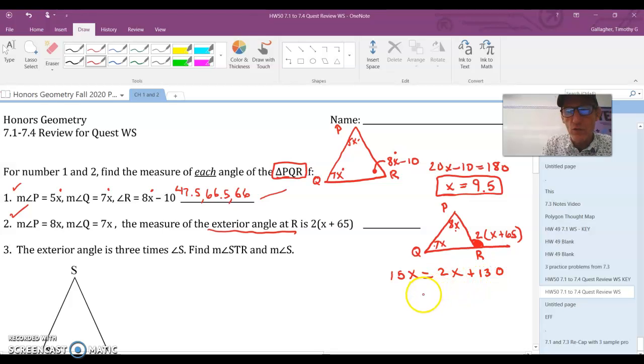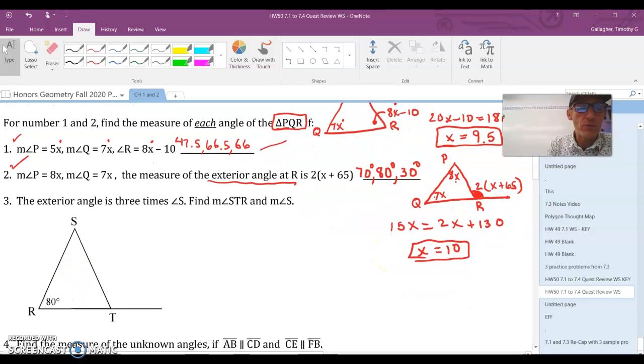If I solve this equation, I get x equals 10. And if I substitute it back in here, I get 70 and 80. So 70 degrees and 80 degrees for those angles. Now that's 150. And so the other angle is 30 degrees. That's how we do that.